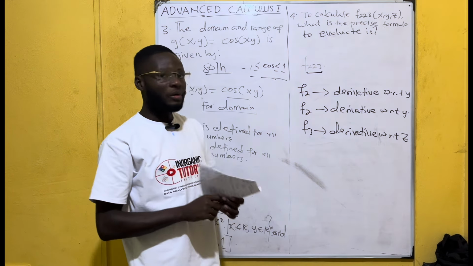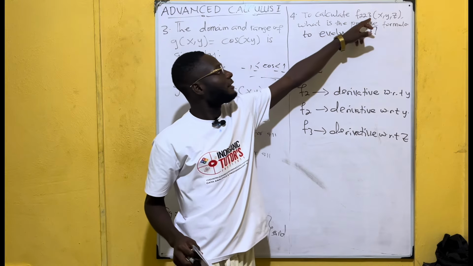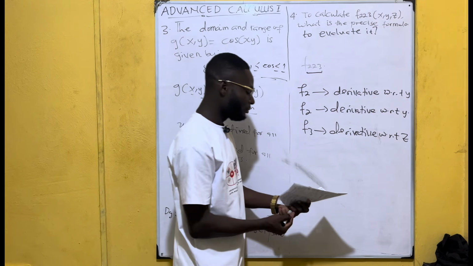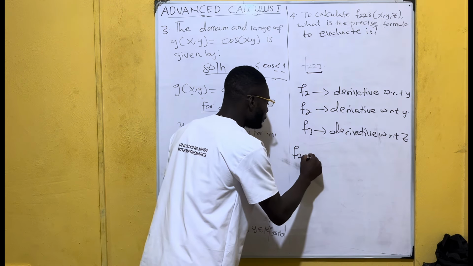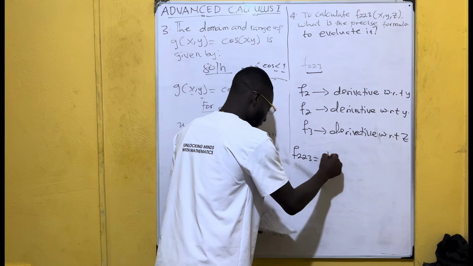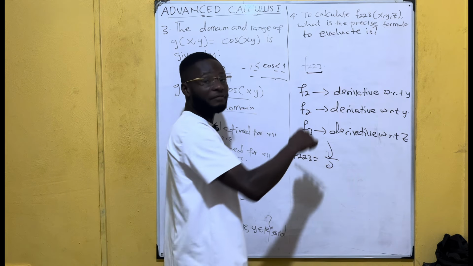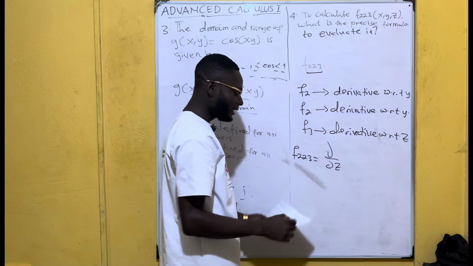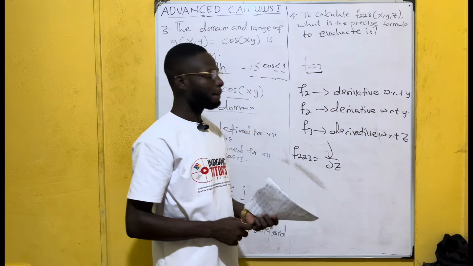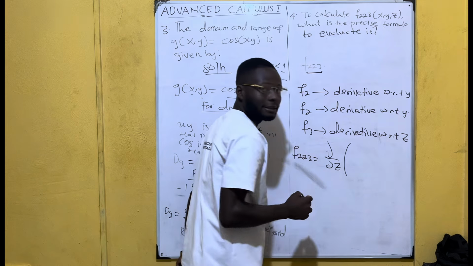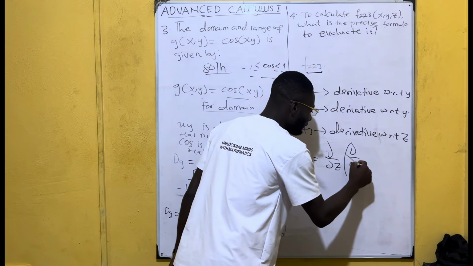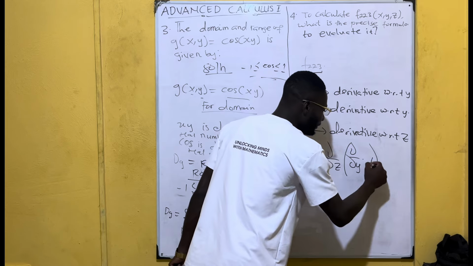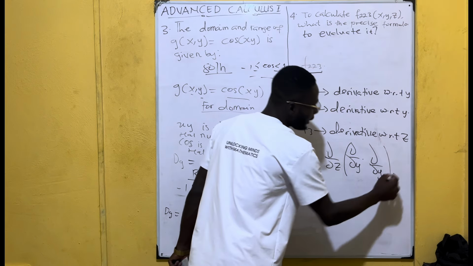So the right formula for this is that F223 will be equal to the partial derivative of the function with respect to z, into brackets, the partial derivative with respect to y, times the partial derivative with respect to y again.